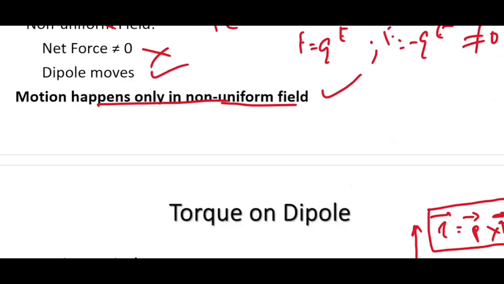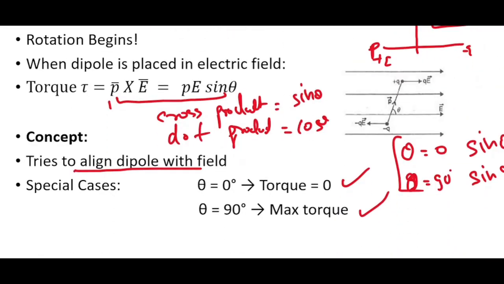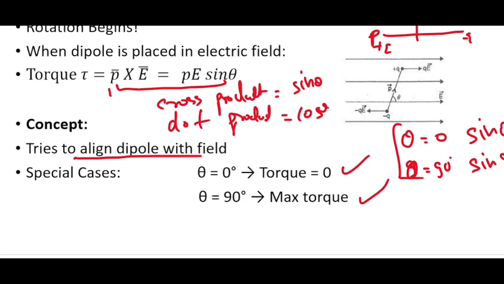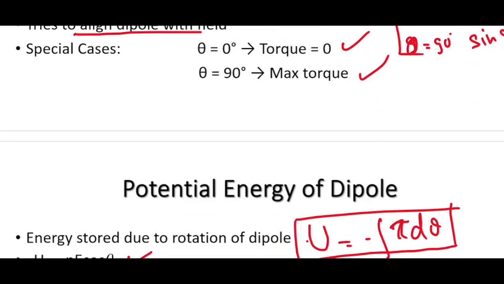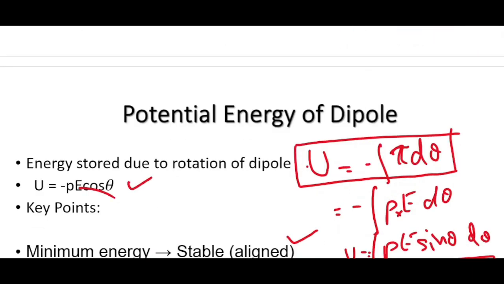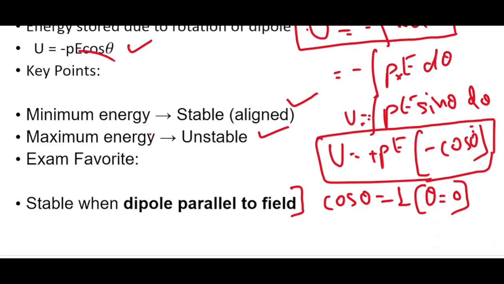Force on dipole is this. Now torque on dipole is this. Rotation begins. Just go through this slide once. Potential energy of dipole is the energy stored due to rotation of dipole.